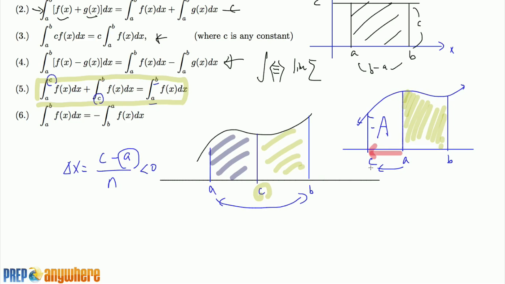Now the second part is to integrate from c to b, so from here to here. This whole area is going to be positive, right?